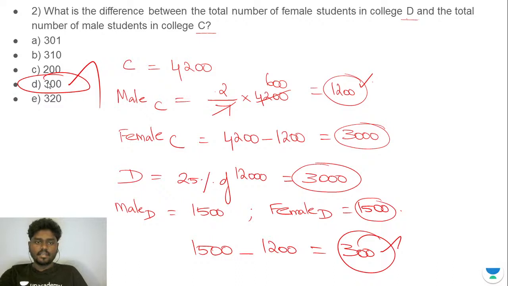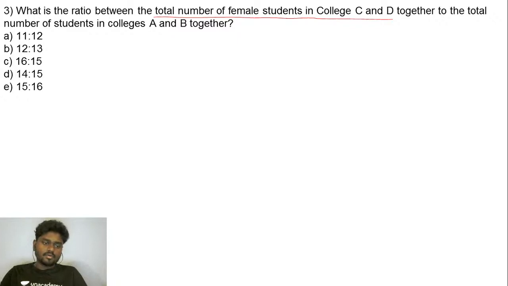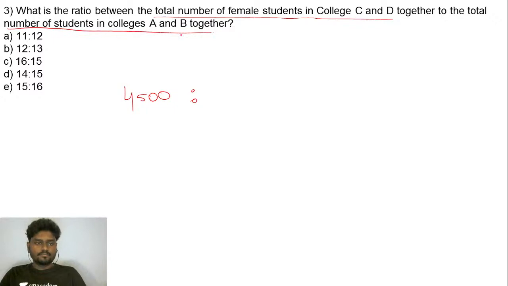Listen carefully. In college C, the females are 3000, and in college D, the females are 1500. So a total of 3000 plus 1500 will give you 4500, right? This is to the total number of students in college A and B together.